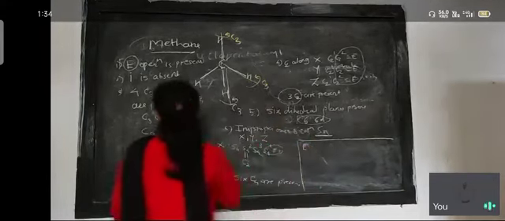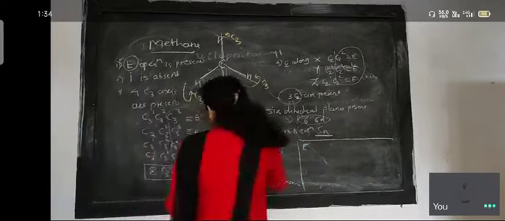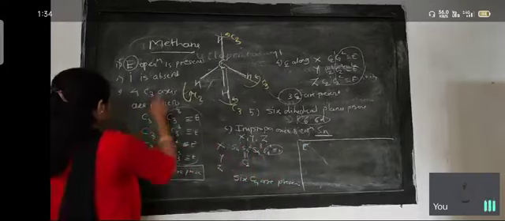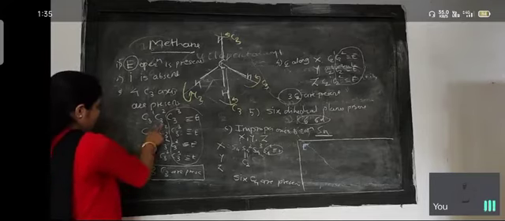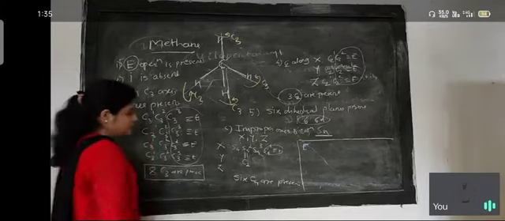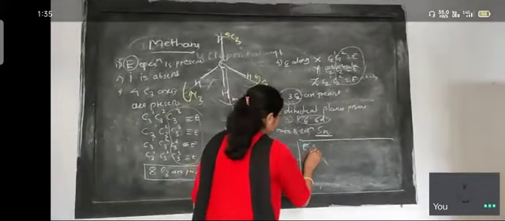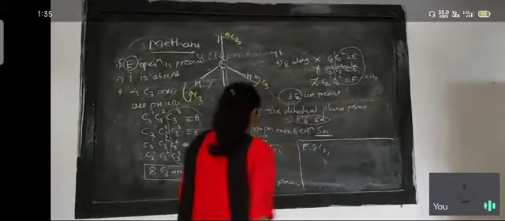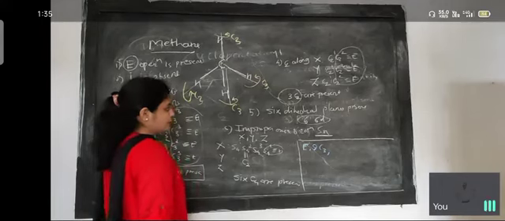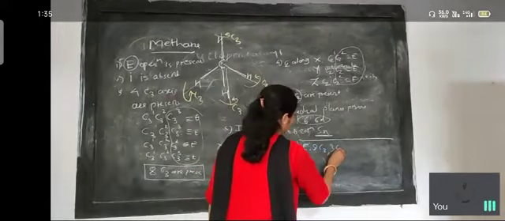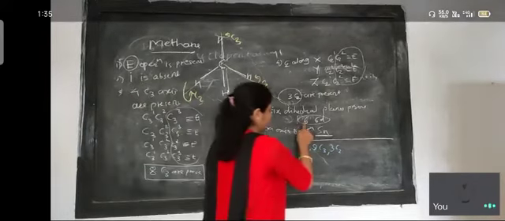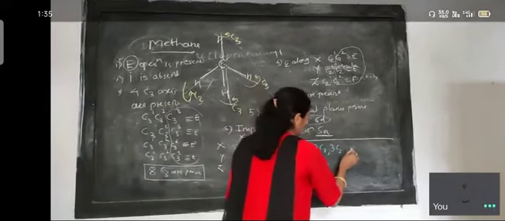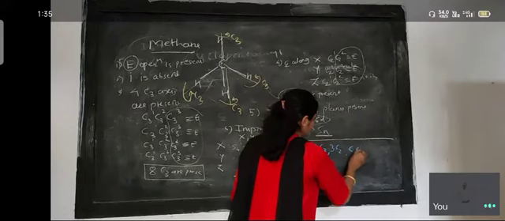So the total symmetry operations of the methane molecule: first, identity. Then how many C3s are present? Here 4 C3 are present. Each C3 generates C31, C32, in the same way. So how many C3s are present? 8 C3. Then next is the subsidiary axis, thrice C2 are present. Then the planes are 6 sigma d. How many dihedral planes? 6 sigma d.